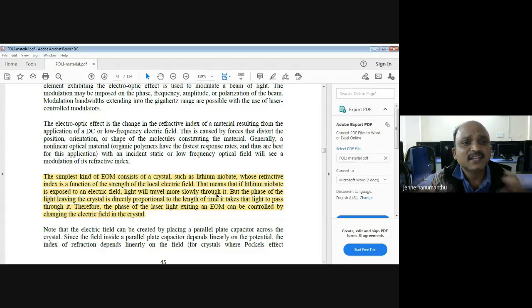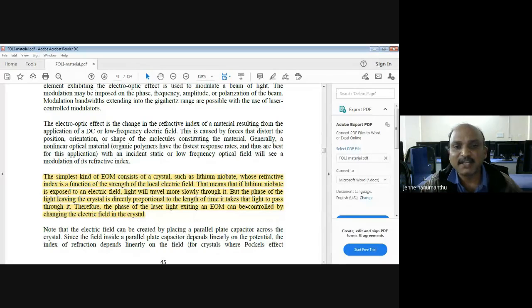The reason is the refractive index of the crystal is modified because of the applied electrical signal. If you vary the electrical signal, the refractive index is modified such that the light may travel very slowly, and the light parameter is going to be changed.